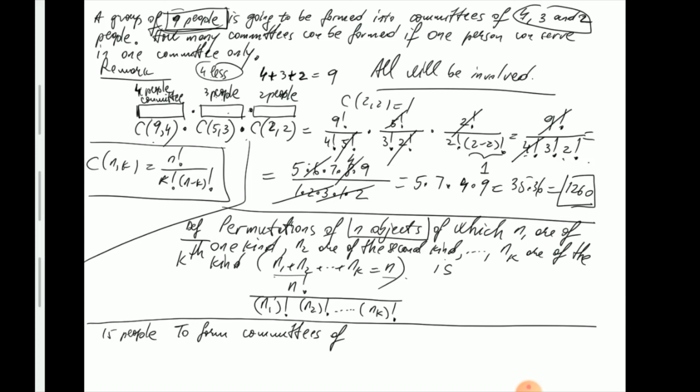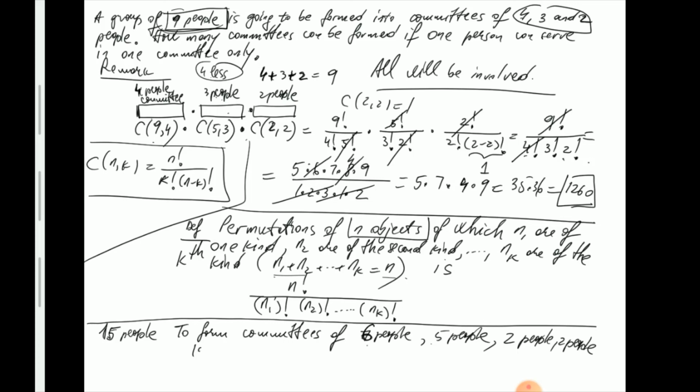Let's say 6 people, 5 people, and then 2 people and 2 other people. So we have to split it into 6, 5, 2 and 2. So you want to form 4 committees, 6, 5, 2 and 2. As long as the summation of the members in each committee is 15, right? So we have 11 plus 4, 15.